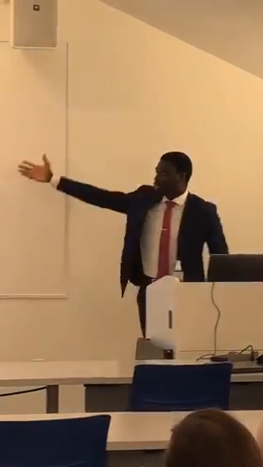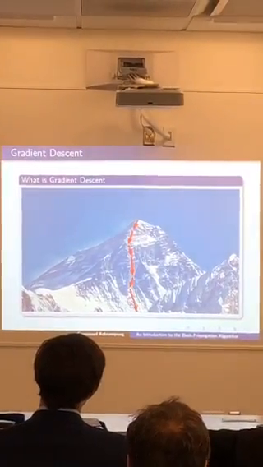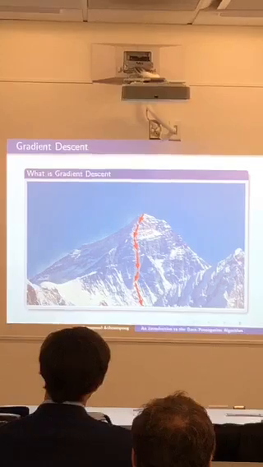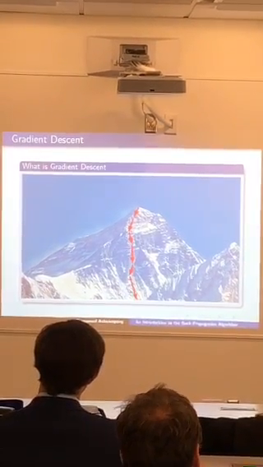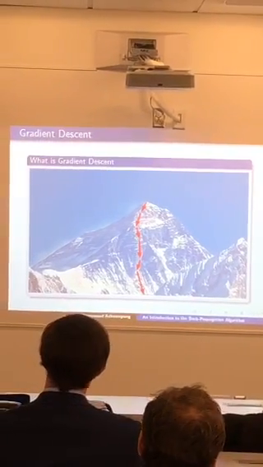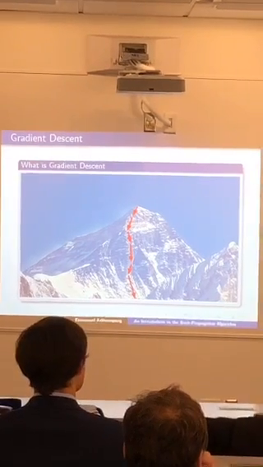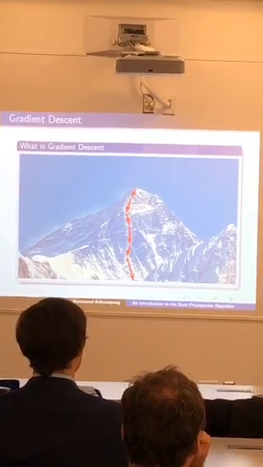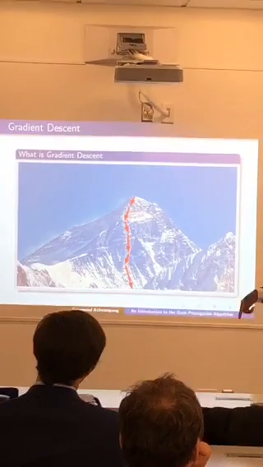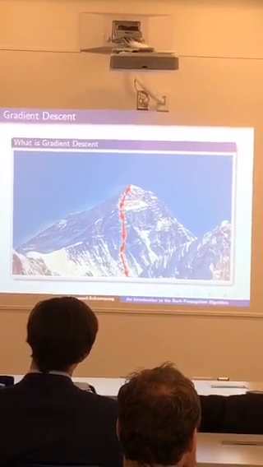To visualize gradient descent, let's say you're on top of a mountain and you want to get down to the valley. You could probably jump and see where you land, but a more efficient way is to stand in one place, look around you, figure out which direction has the deepest slope, take that, stand there, look around again, figure out which has the deepest slope, and take it, all the way until you reach the bottom of the valley.